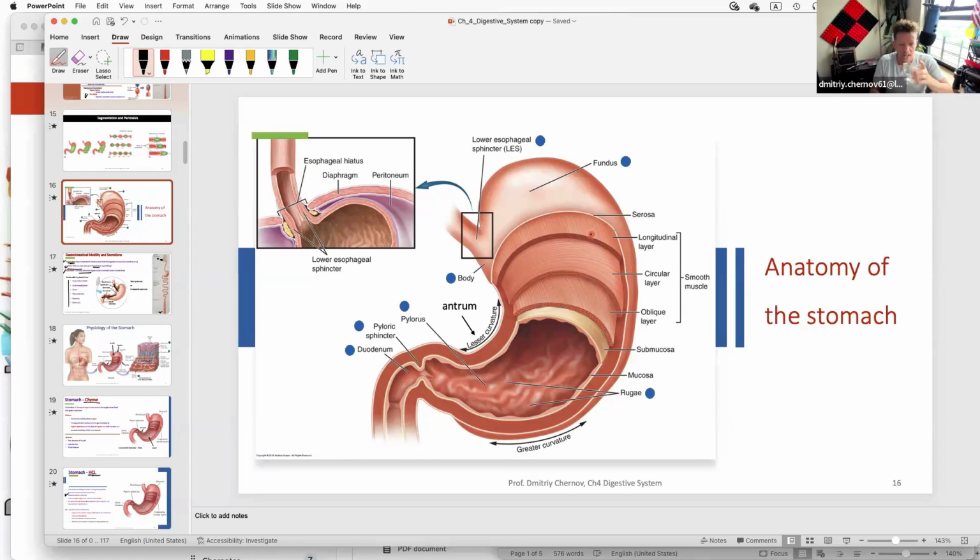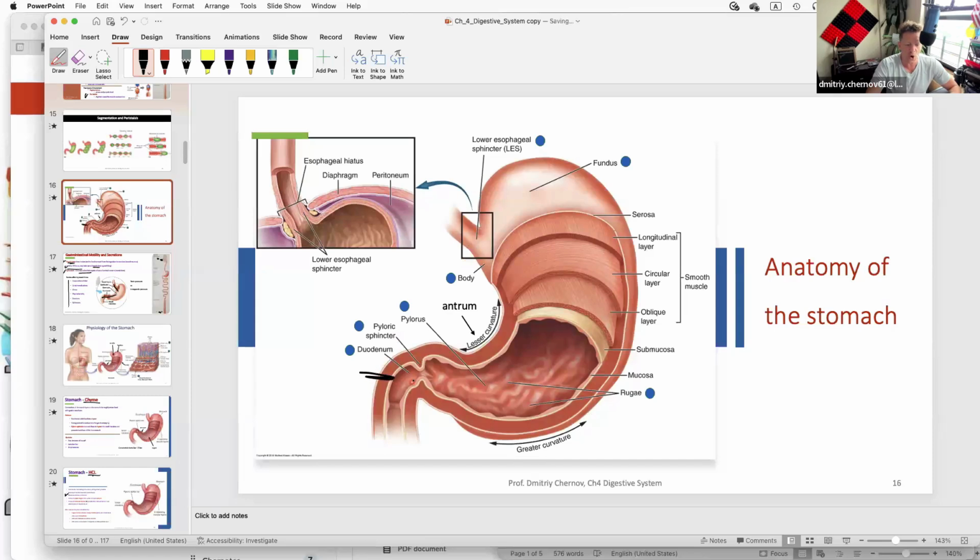It can hold a gallon, but it's very stretchy. We'll discuss the importance of stretching and the neurological signals that make you hungry or suppress appetite. Anatomically, not important, even though I have these blue dots here.